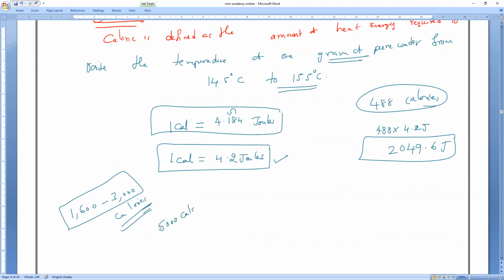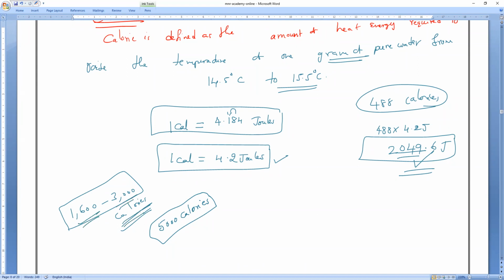That is why, even in TV advertisements, if you are hungry, you will eat a Snickers, because Snickers gives extremely high energy. If you eat 1 Snickers, your hunger will disappear very fast. For an average adult human, one day needs 1,600 to 3,000 calories of energy.